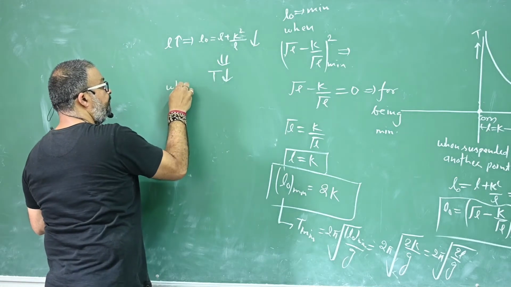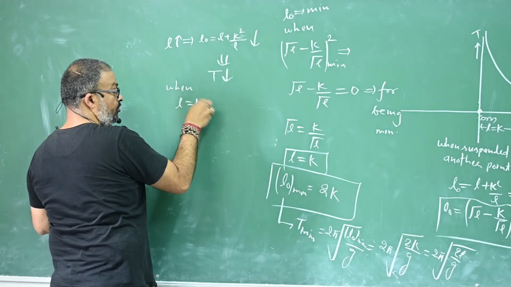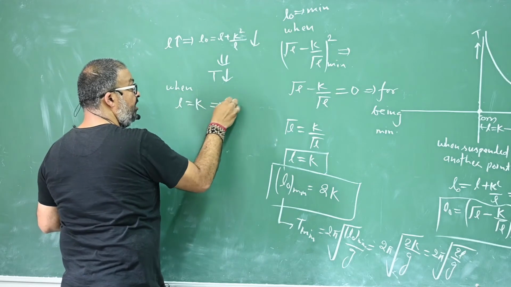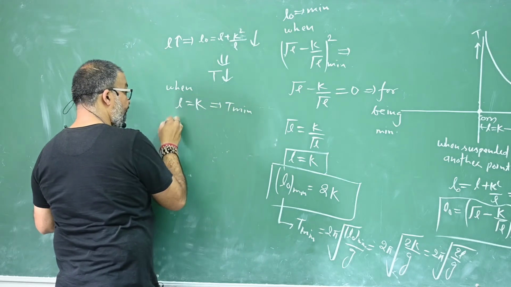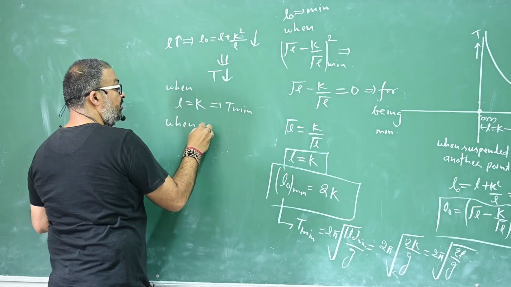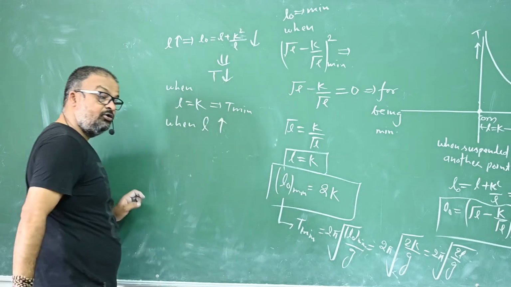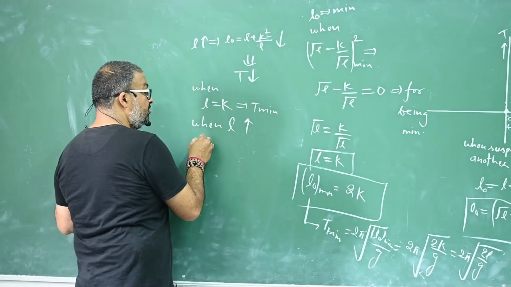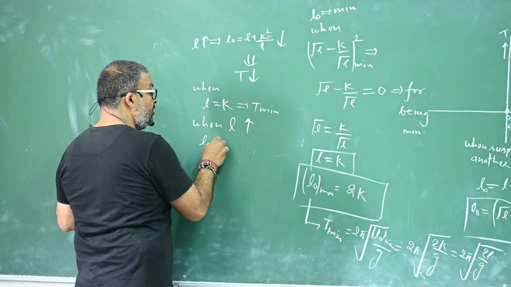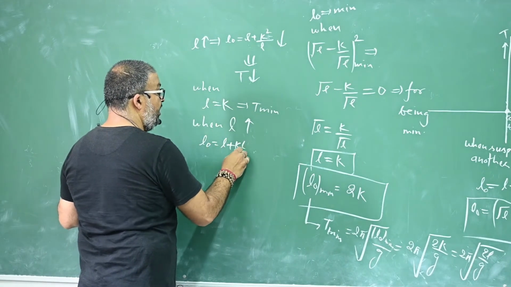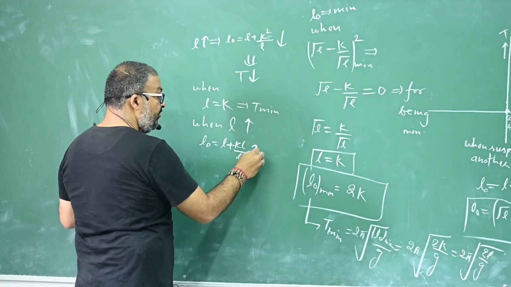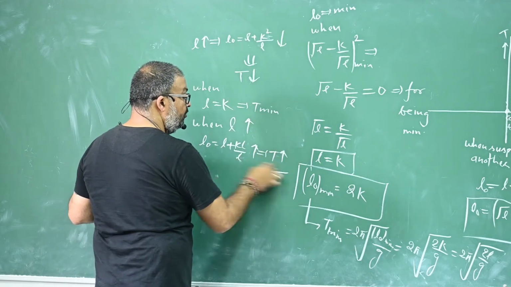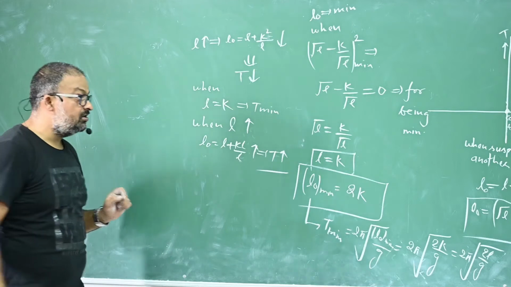And when L is equal to k, the time period will be minimum. And when this distance is increased further, L0, that is L plus k square by L, will again increase, and hence the time period of the compound pendulum will also increase.